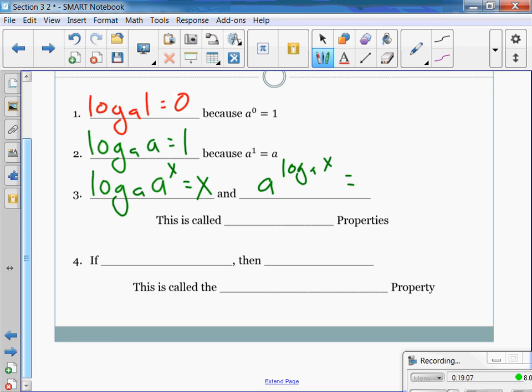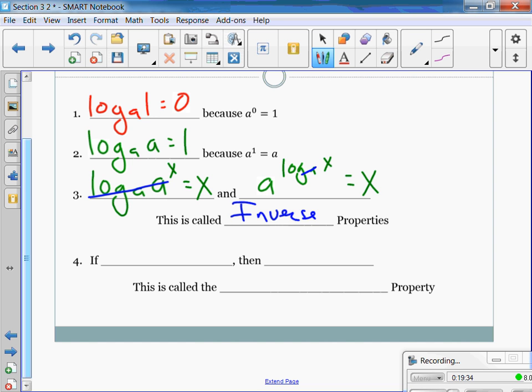These are called my inverse properties. So whenever I see the base matching up with that a to the x, all this is just disappearing. Likewise, if I have that same a and that same base here, all that just disappears, and I'm left with just that x.